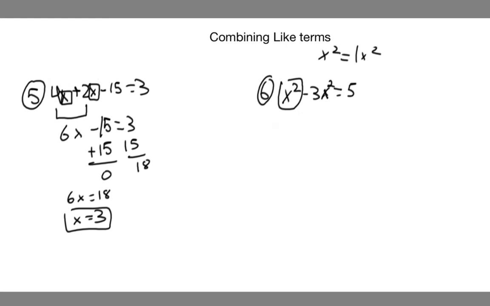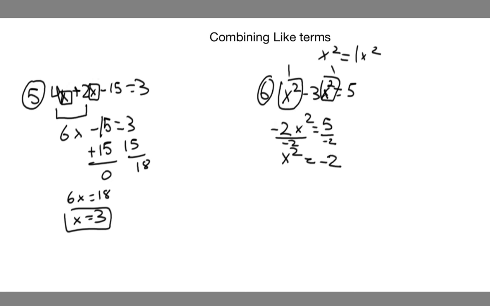So since this ends in x squared and this ends in x squared, basically 1 minus 3, just add or subtract the coefficients. 1 minus 3 is negative 2. And then we have x squared over here, x squared over here. So it's negative 2x squared equals 5. And then x squared equals, divide both sides by negative 2, equals negative 2.